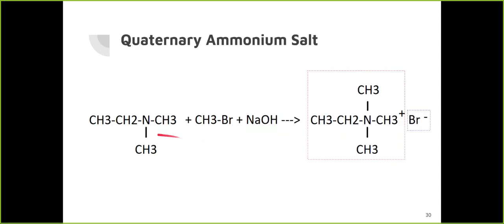And then your salt, I took this tertiary amine, reacted it again with methyl bromide, and you get your ammonium ion and then your halide ion. So just some examples of those formulas.